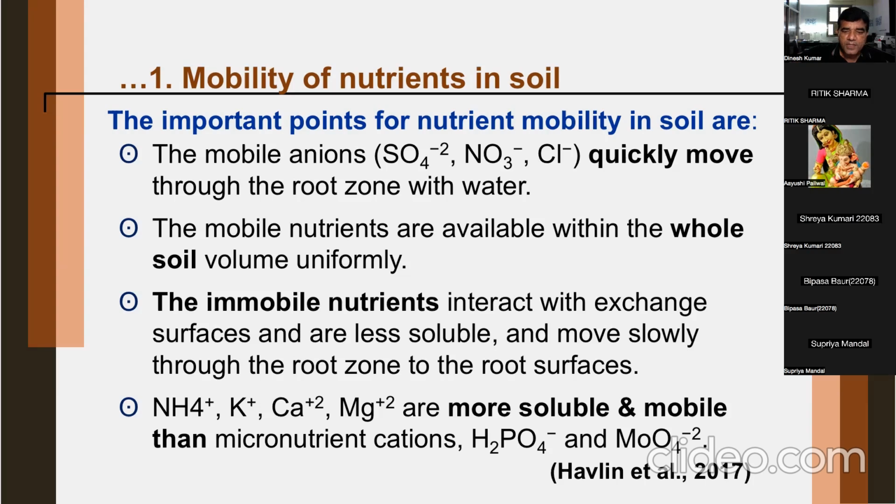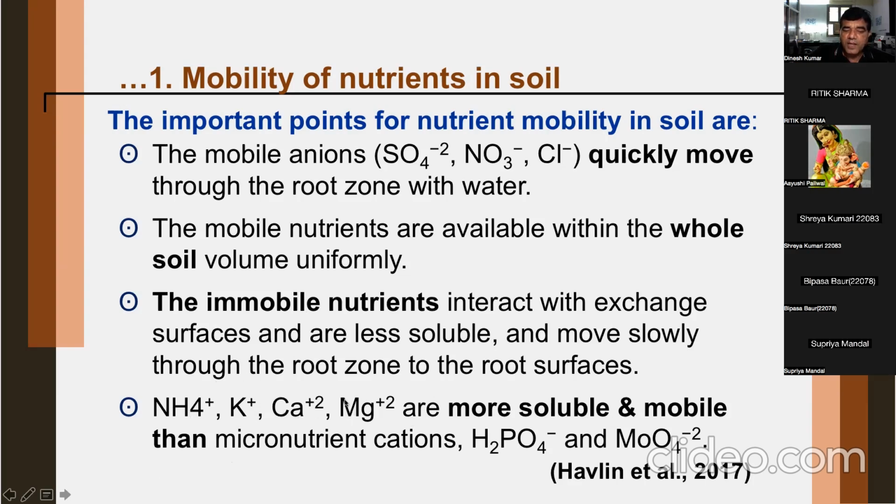Ammonium, potassium, calcium, and magnesium are more soluble, though of course they are less mobile than the anions. They are more soluble and mobile than the micronutrient cations, H2PO4, and molybdenum. So you can see that the fastest moving are the anions: sulfate, nitrate, chloride, etc. Next in order are ammonium, potassium, calcium, magnesium.